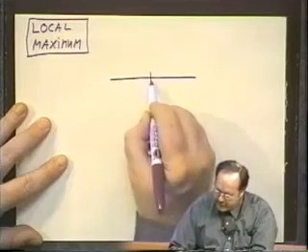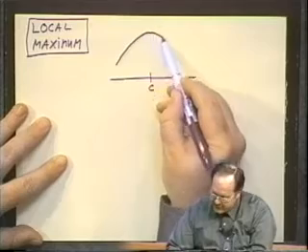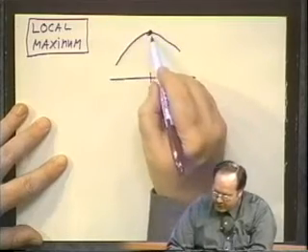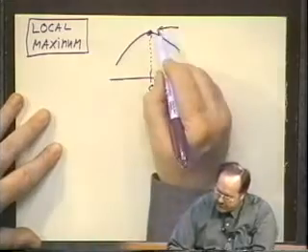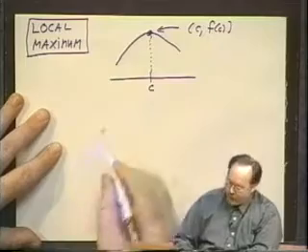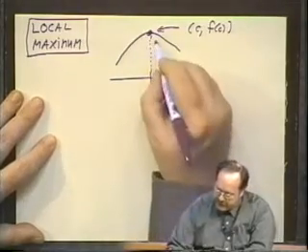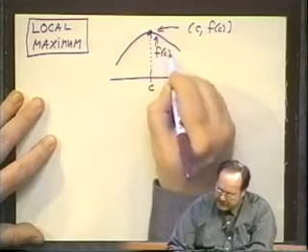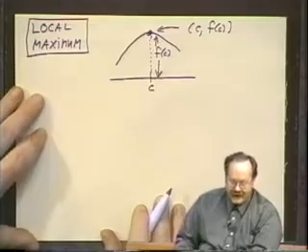You have a point C on the x-axis, and above it there is a local maximum. That point is the point C, f of C, where this is the function f of x, which I'm not writing in right now. So the height of this, of course, is f of C. That is the actual maximum value. That is the height there.